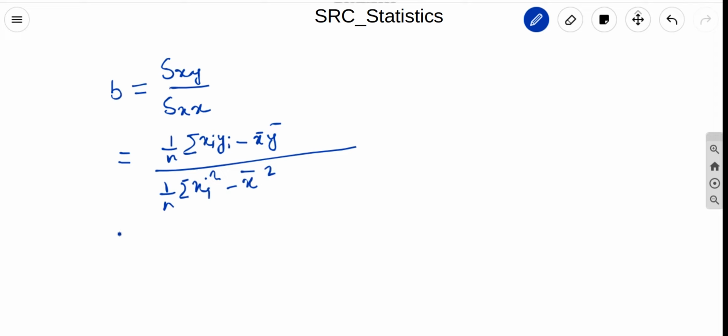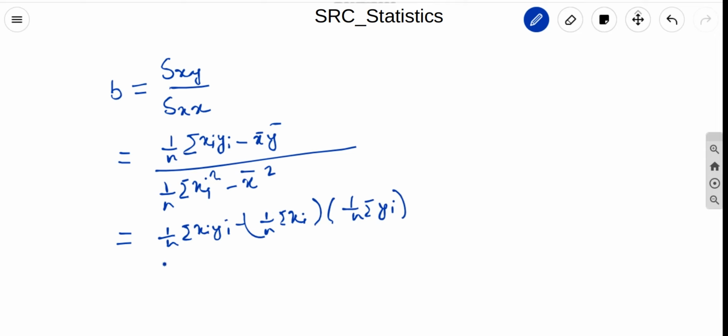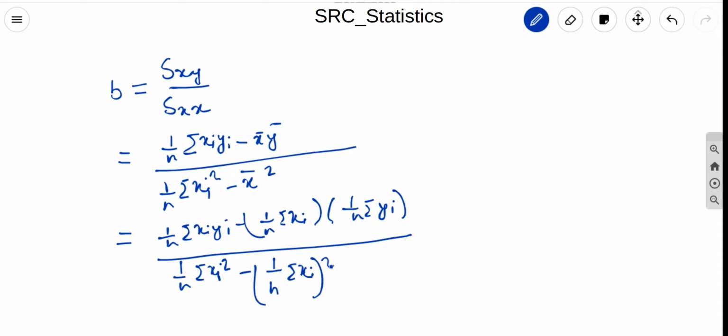This can be further simplified as 1 by n summation xi yi minus, x bar y bar can be written as 1 by n summation xi multiplied by 1 by n summation yi. In the denominator, 1 by n summation xi square minus 1 by n summation xi, whole thing squared.